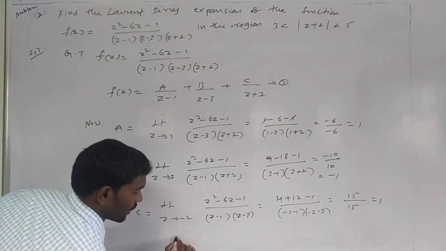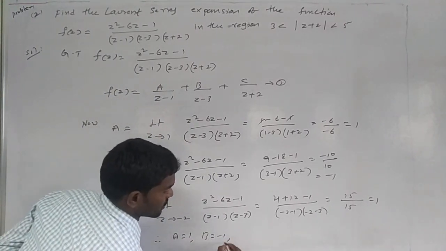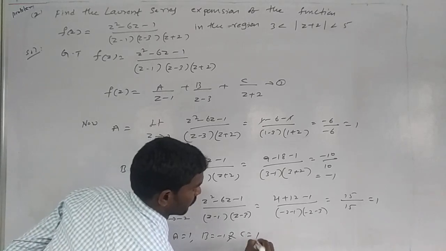Therefore, A equals 1, B equals −1 and C equals 1.